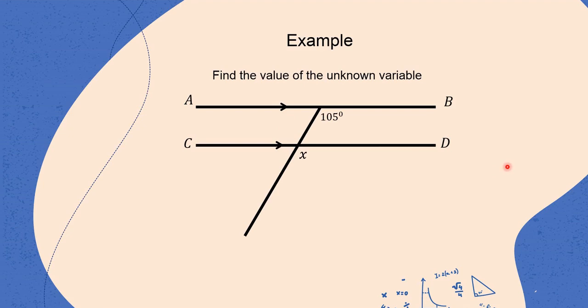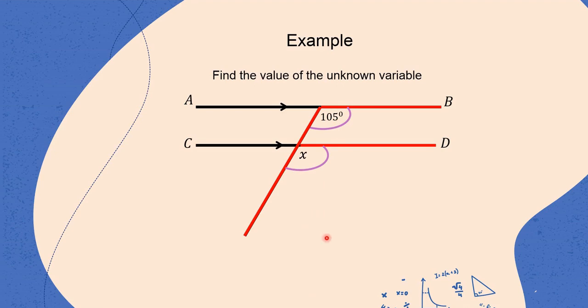So when we inspect this diagram or this problem, what type of angles do you see? Immediately when I look at it, I see an F shape. So, which angles are equal to each other? 105 degrees is equal to x.